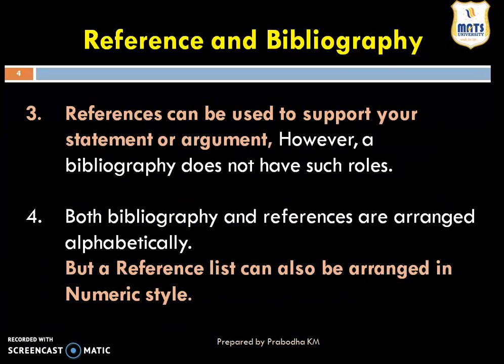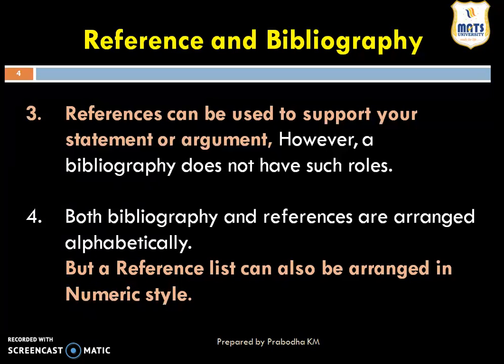The third difference is that references can be used to support your statement or argument. However, a bibliography does not have such a role. It means that a bibliography cannot support any statement or argument that has been written in your scientific article.